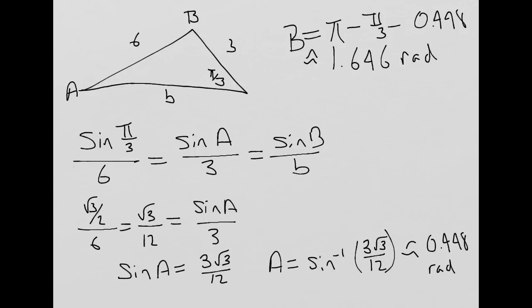Now I can use that to find little b, the only piece still left, the length of this missing side. This we've already computed, square root of 3 over 12, and this, about 1.646. Plugging and chugging, you end up with b approximately 6.908.